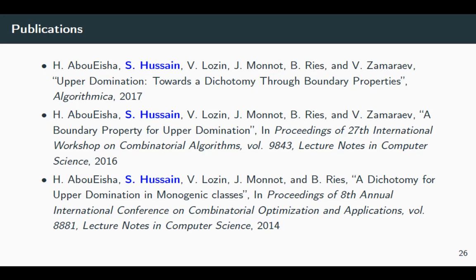So there's a new field which emerged, I think, in the late 1980s or early 1990s, called parameterized complexity. It's a completely brand new field. It deals with those NP-hard problems which can be solved in polynomial time with respect to a certain parameter.